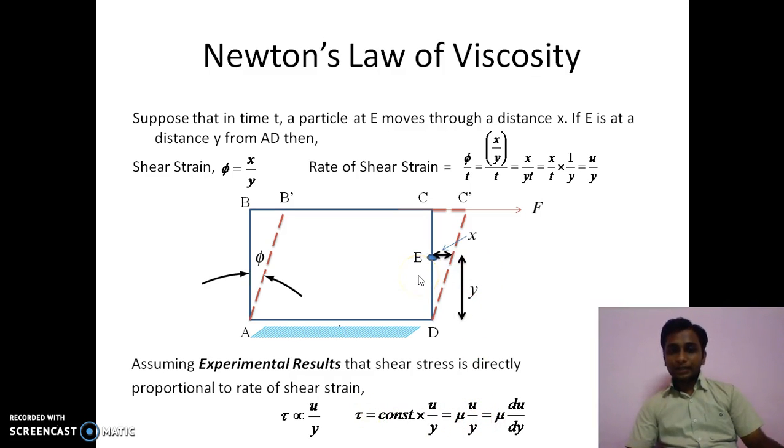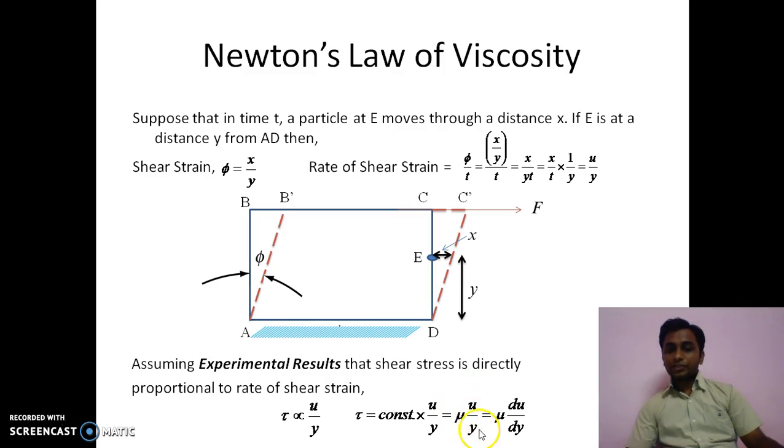Now we understand that because of the no slip condition, when the fluid flows over a surface, the velocity distribution we have is parabolic in nature. So velocity is continuously varying from the solid boundary in the y direction. If we take different points on this CD, as y keeps changing, the velocity u will also change.